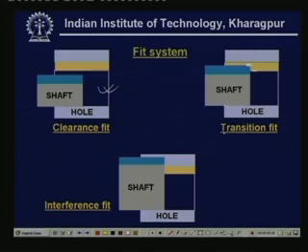So, we define the transition fit in such a way that it can create a clearance, as it was shown earlier, or even it can create some overlapping fit. So, this is what we call a transition fit. Normally, the press fit or just a push fit are called transition fits, whereas clearance fits are sometimes referred to where the shaft is freely moving inside the hole.